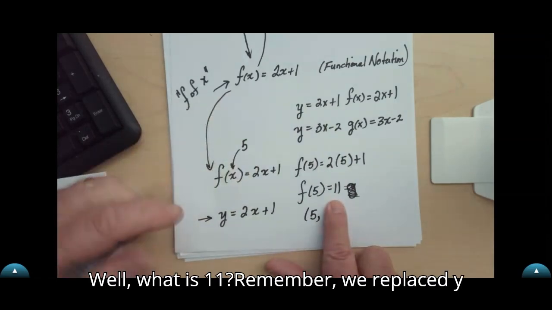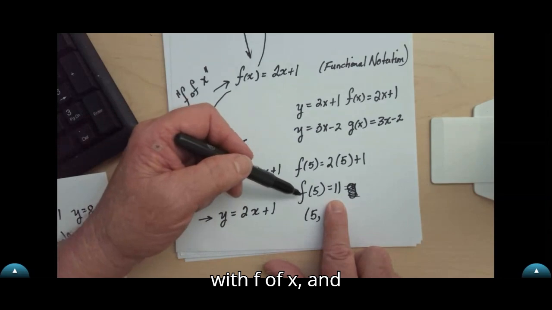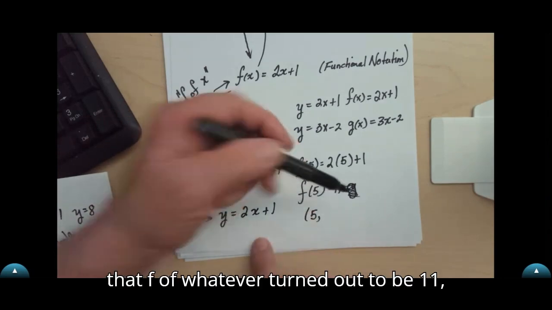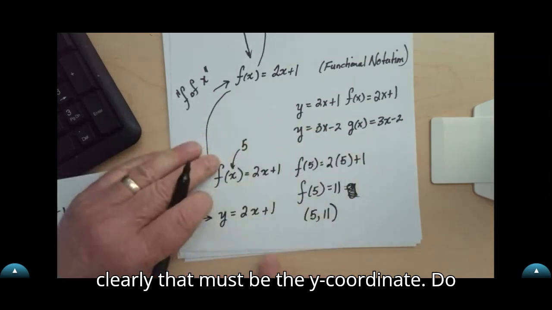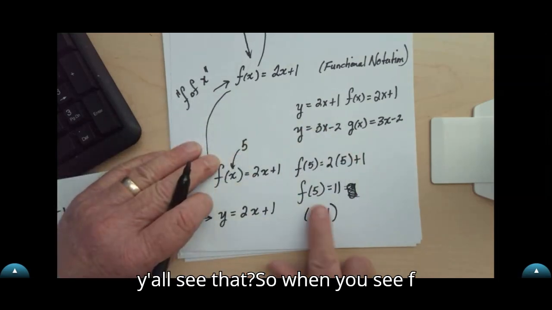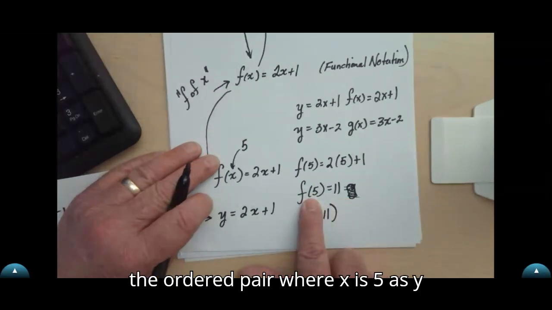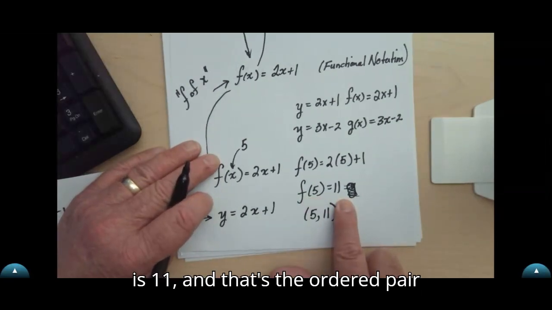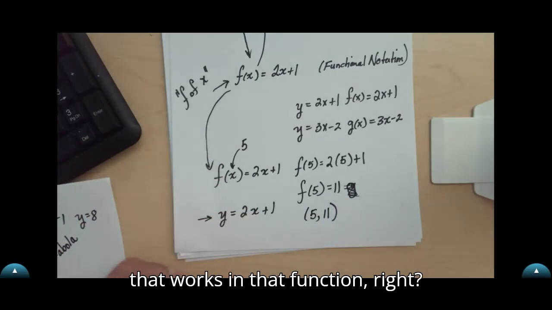Well, what is 11? Remember, we replaced y with f of x, and that f of 5 turned out to be 11. Clearly, that must be the y coordinate. So when you see f of 5 equal 11, that's telling you that the ordered pair where x is 5 has y is 11, and that's the ordered pair that works in that function.